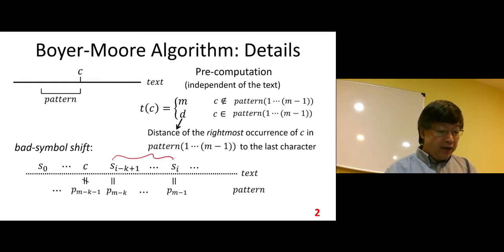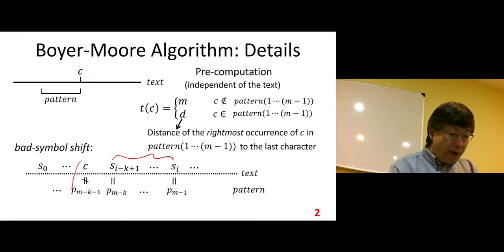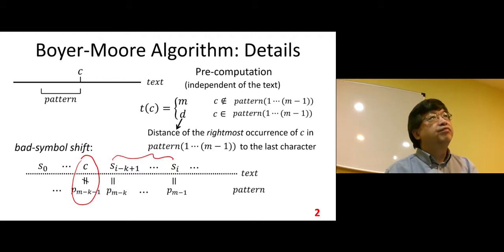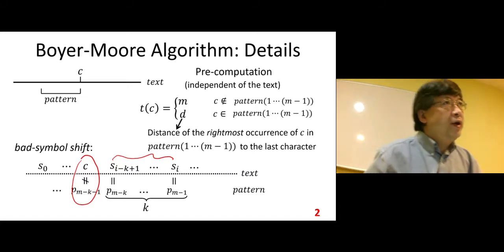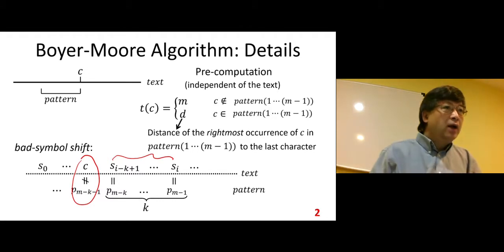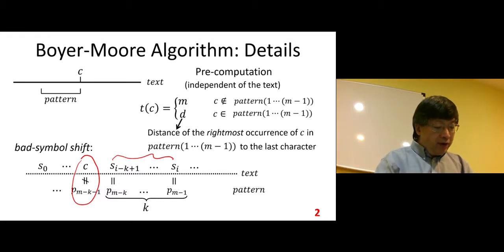Then we have the first non-matching pair. They are different. Here the matching part has K characters, so the length of the matching part is K. We call this bad symbol shift because the non-matching one is a bad symbol.